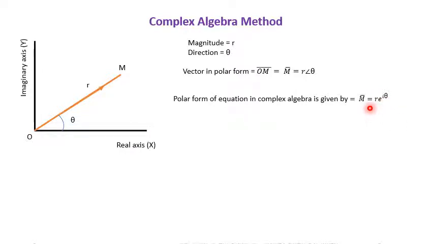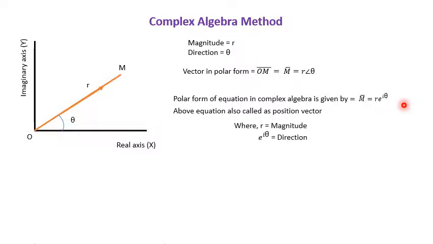Here in this vector, r is the magnitude, whereas e to the power of i theta represents the direction. This is also called the position vector, because r represents the magnitude, whereas e to the power of i theta represents the direction.